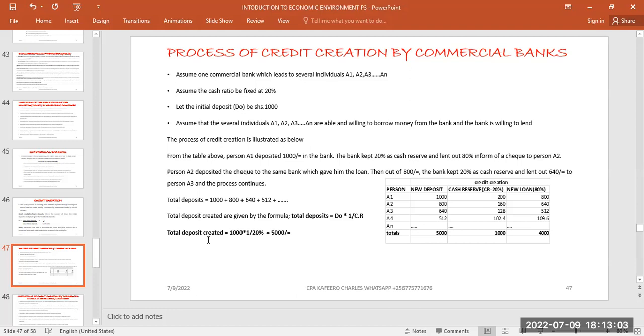The total, to get the total deposit created, it will be the 1,000, that is the initial deposit. This is the formula: initial deposit times 1 over cash ratio. That cash ratio was given to us in percentage. So it will be 1,000 times 1/20%, which will give us 5,000.